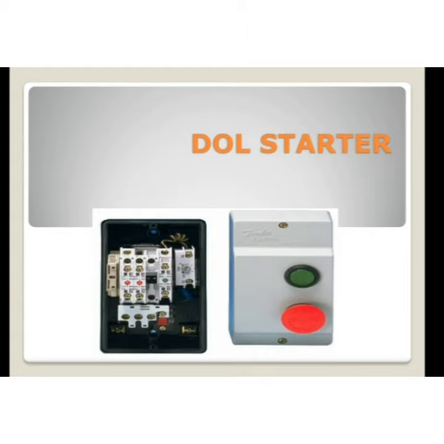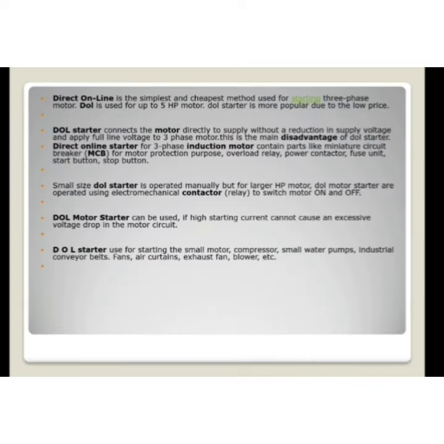As we know, the DOL starter is a simple and inexpensive method of starting a squirrel cage induction motor, and as the name implies, it switches the motor directly onto the 3-phase supply.